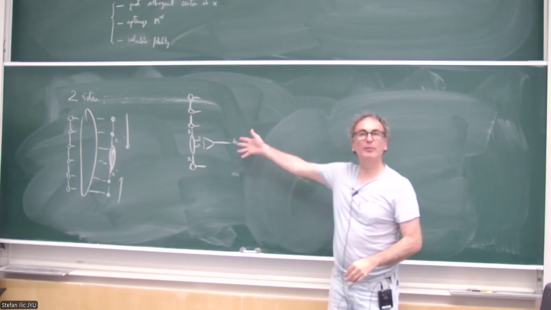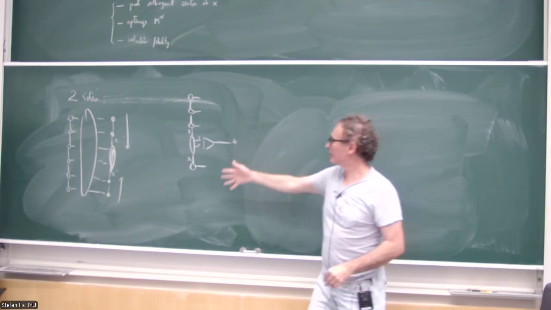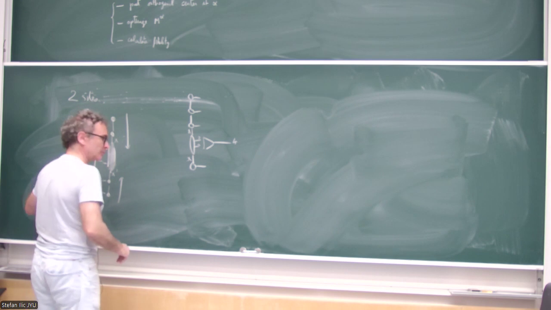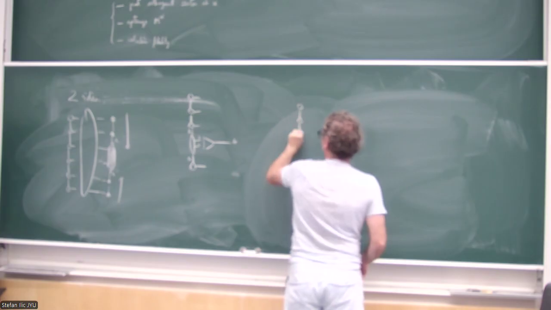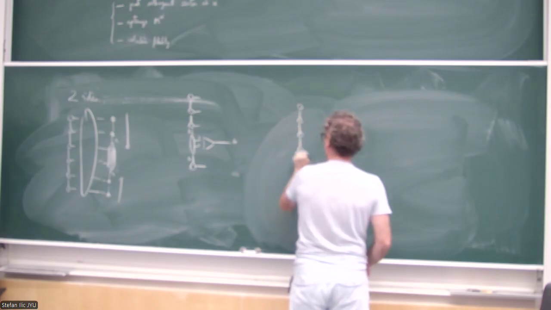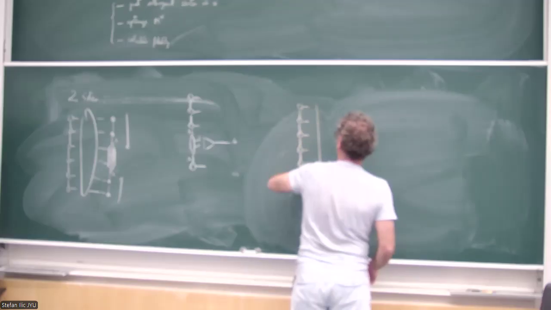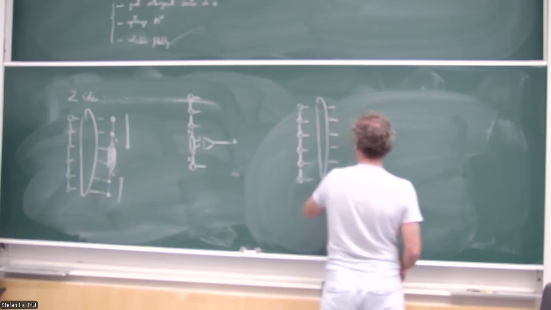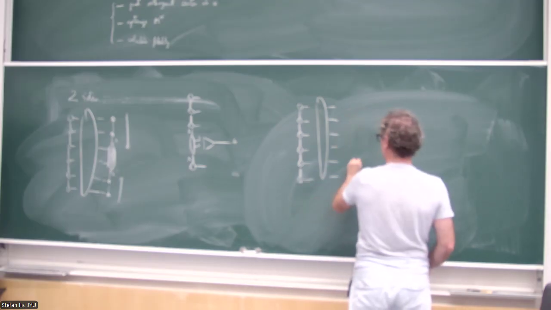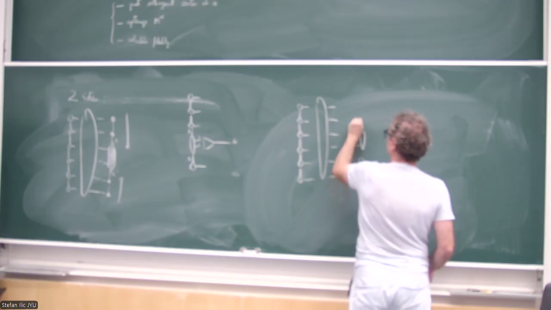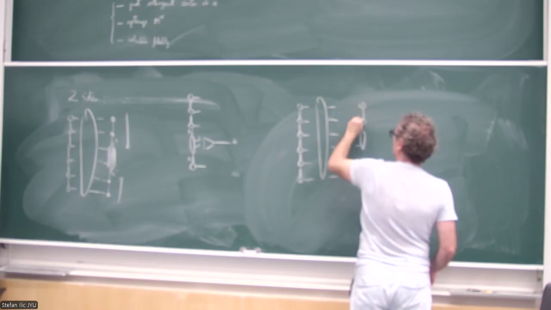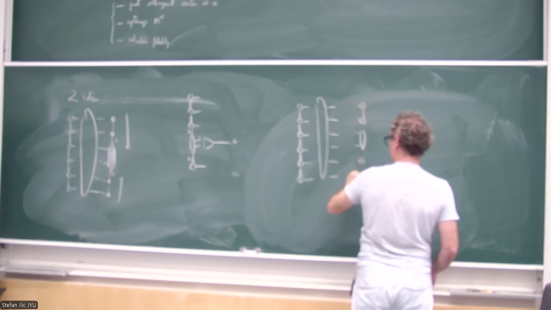Since it is an MPS, I can write that. Okay, let me stop erasing because you won't understand anything if I do that too much. I have my quantum circuit. I have these tensors, and I have 2 here. This is a canonical form, so these are unitary matrices.